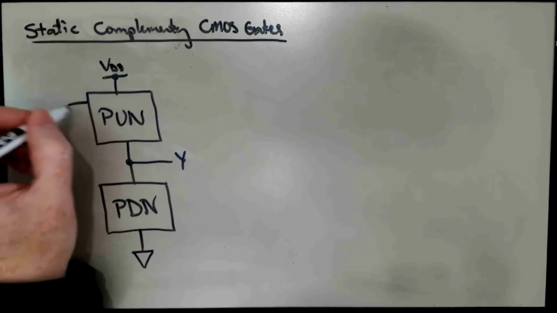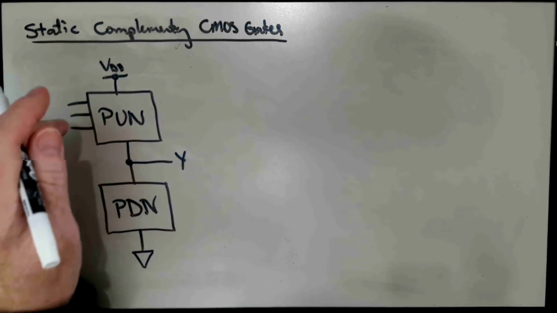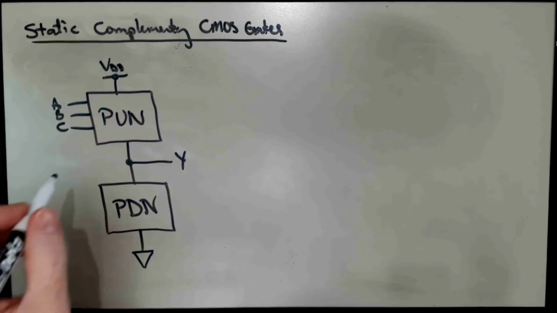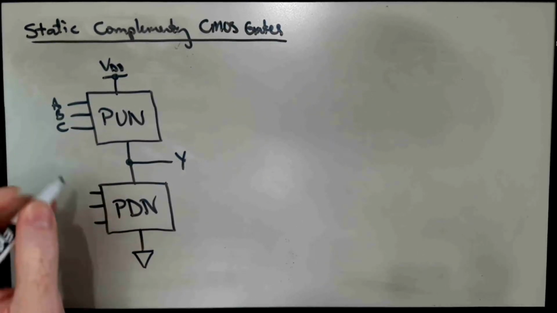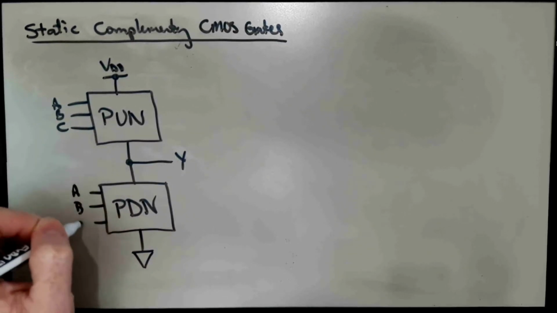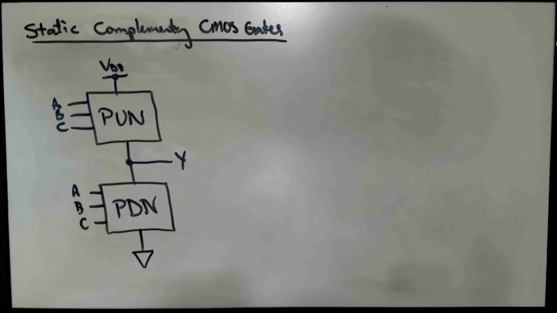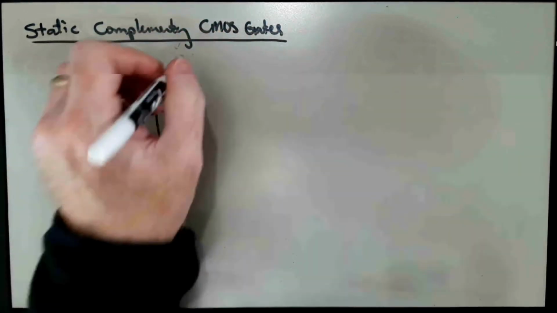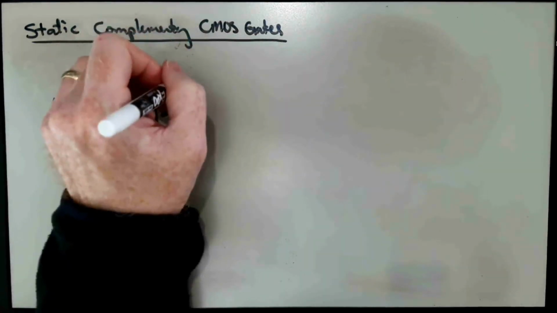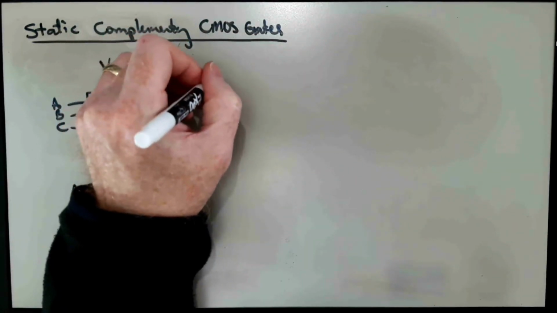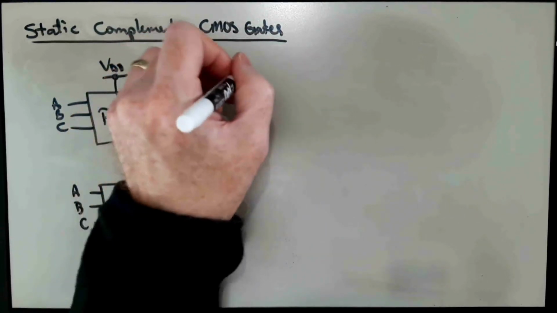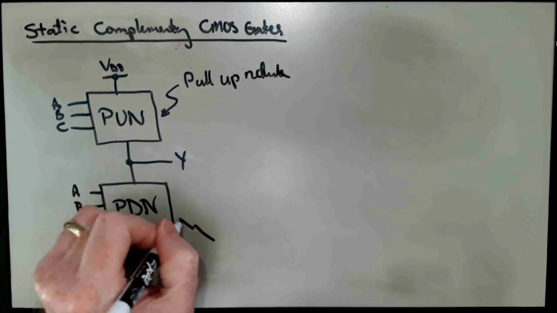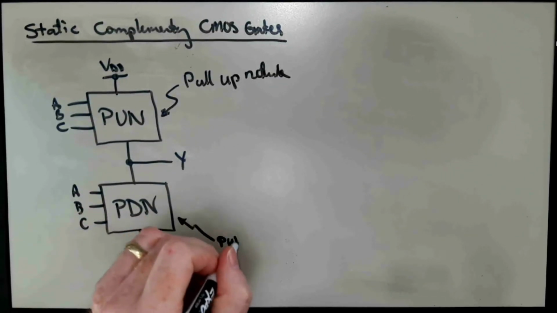And we have a bunch of inputs, A, B, C, that go into the pull-up network and also into the pull-down network. PUN is the pull-up network, and here the PDN is the pull-down network.